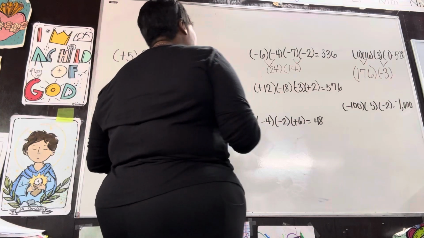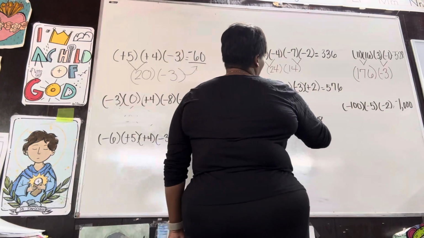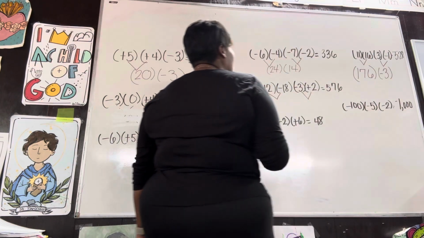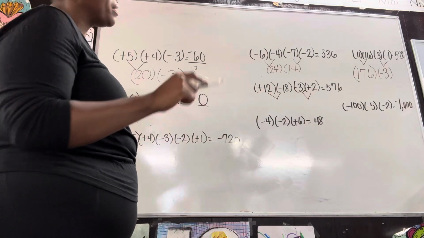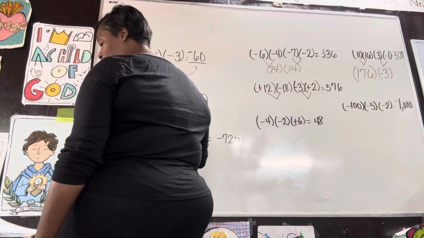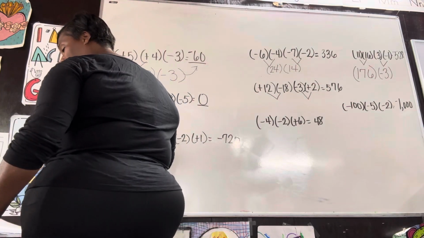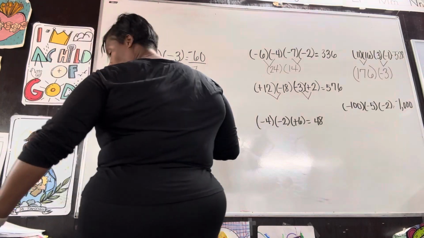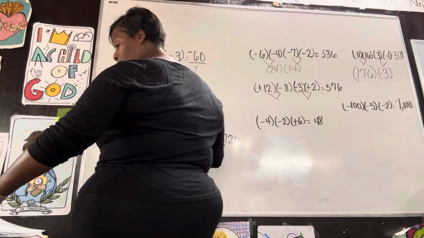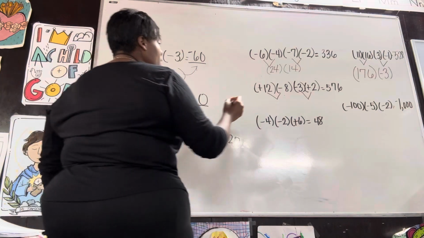All right, so next we're going to do 12 times 18, and then 3 times, we have positive 12 times negative 8, negative 3 times positive 2. Negative 12, I'm sorry, that's not 18, that's 8. Negative 8 will give us a what number?